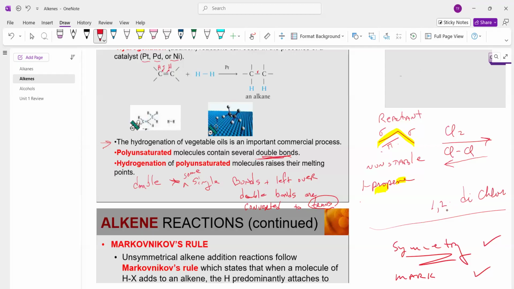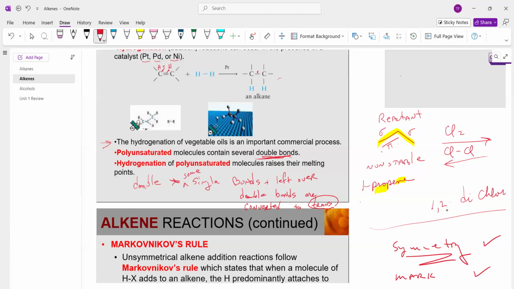Now, what happens is they take a polyunsaturated vegetable oil and hydrogenate it. Saturated oils are solid at room temperature. Unsaturated oils at room temperature are liquids. Now, when we make soap, we're going to do the same thing. Either start with a liquid fat or a solid fat, and you'll get different kinds of soap. Okay, so this is the deal.